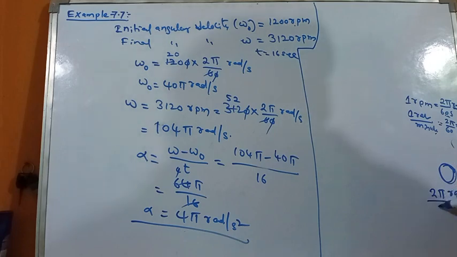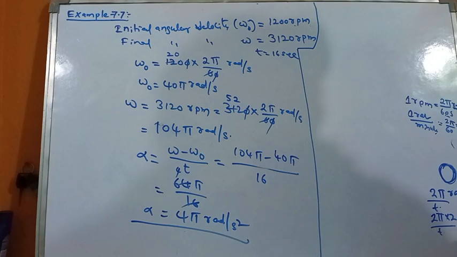For that it takes some time. That is angular distance by time. Angular distance is 2 pi per one revolution. If it completes two revolutions, that is 2 pi into 2, divided by whatever time t is taken.